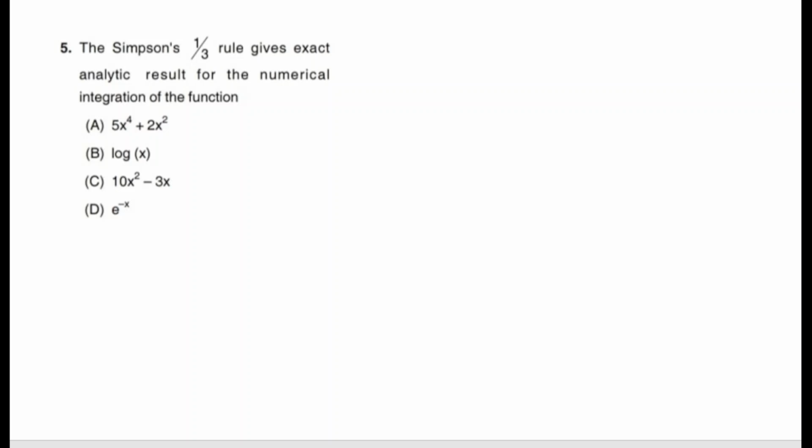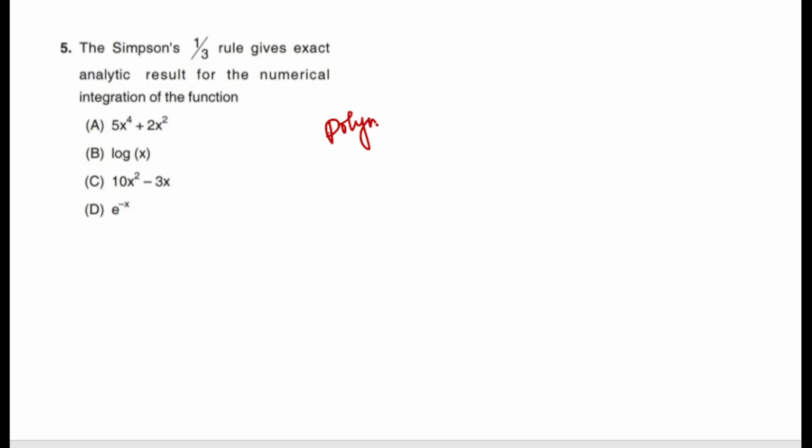Next question, what we have, the Simpson's 1 by 3rd rule gives exact analytic results for the numerical integration of the function. Okay, see, this Simpson's 1 by 3rd rule gives the exact analytical results for the numerical integration only for the polynomials of order up to 3.